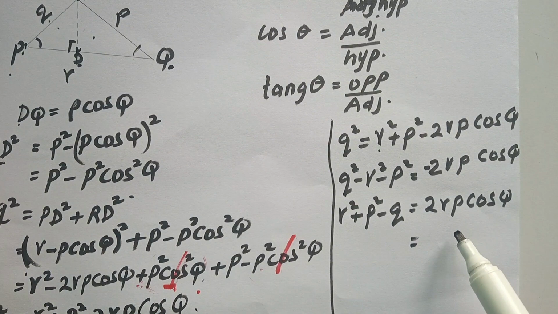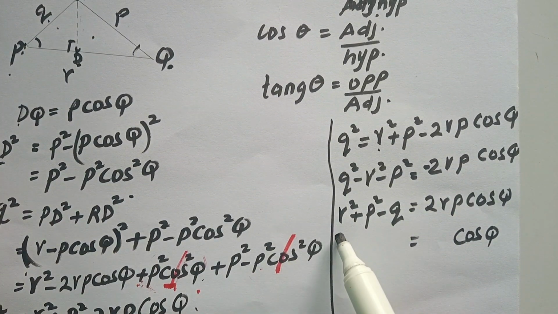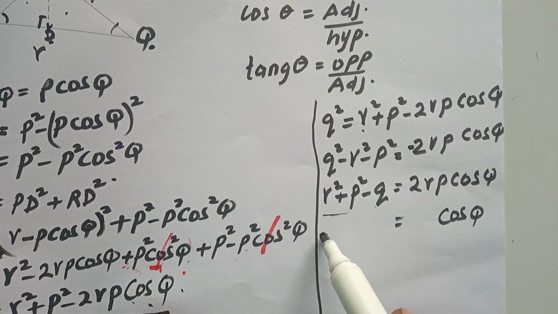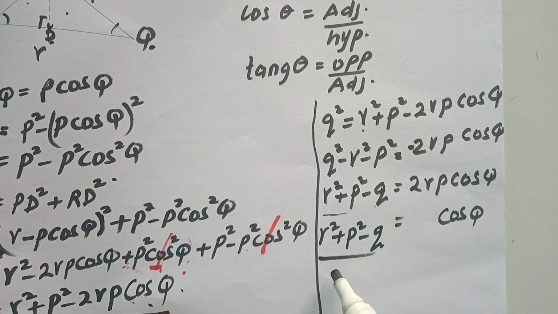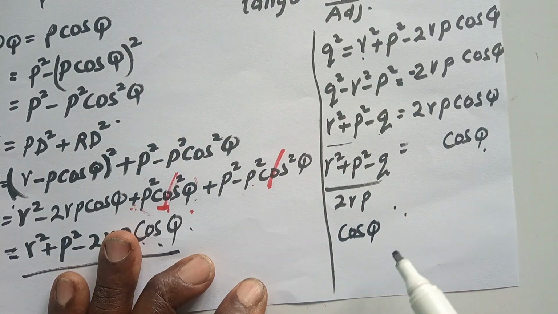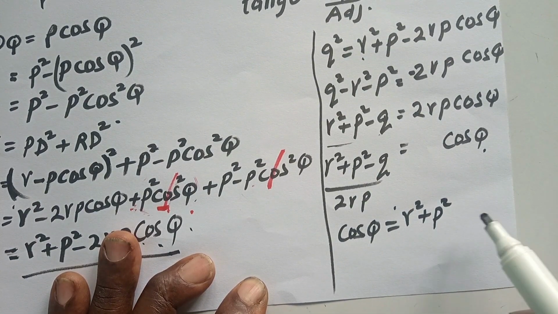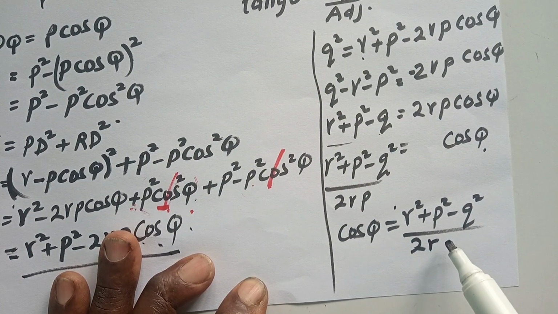Now to be able to find cos Q, we divide this side by 2RP, divide this other side by 2RP, and then cos Q is the same as R squared plus P squared minus Q squared over 2RP.